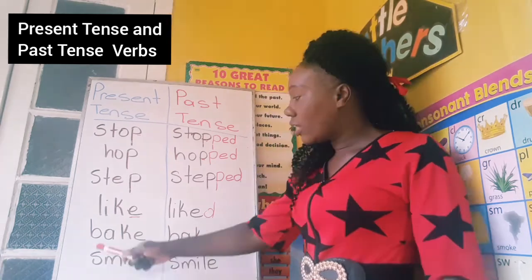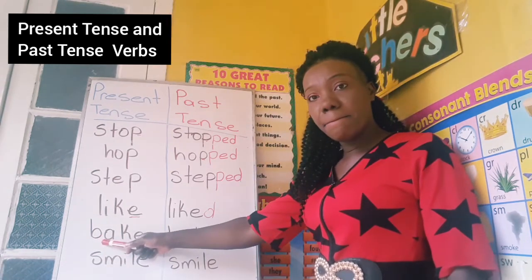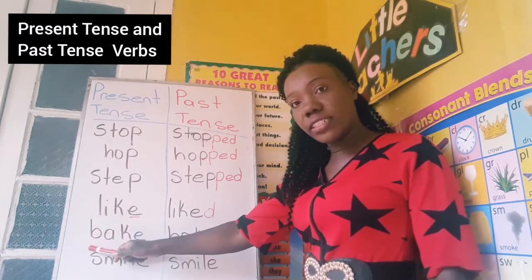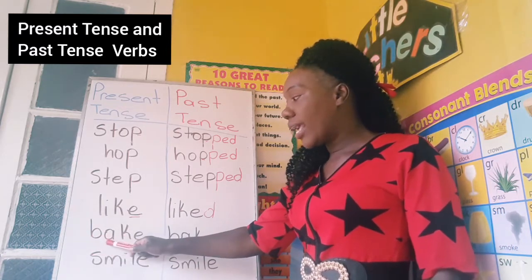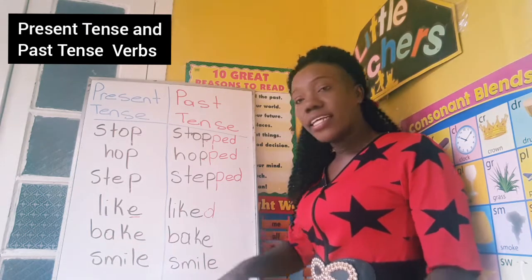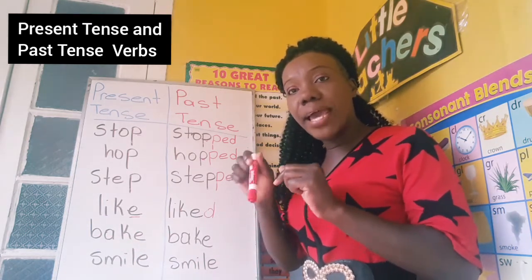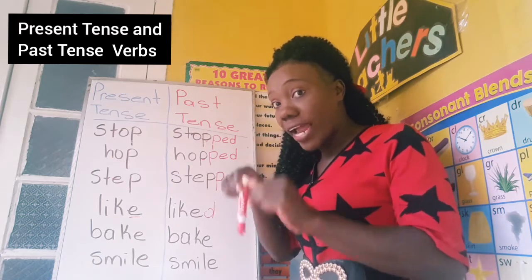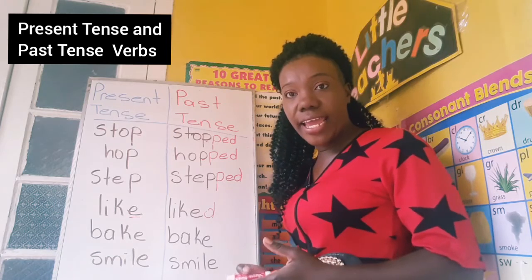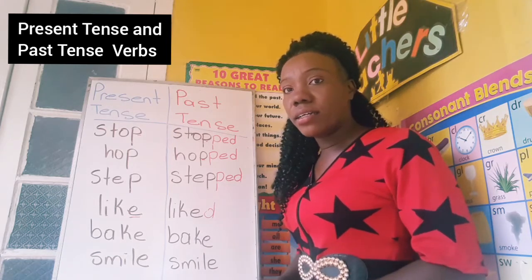That's the rule. So this is the word bake. The silent E is at the end. So you pronounce it by saying bake. Bake. So now I bake. I bake right now. It's happening, it's present. But yesterday I baked.